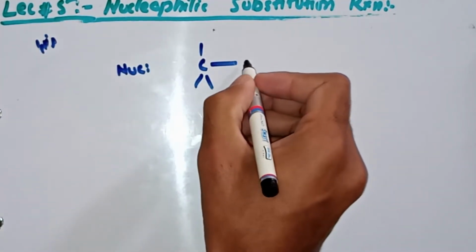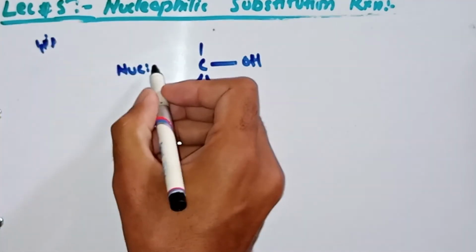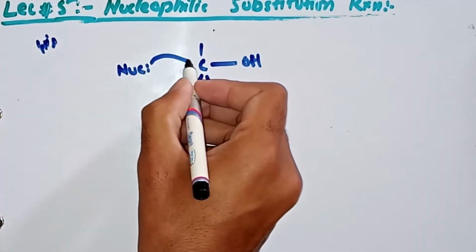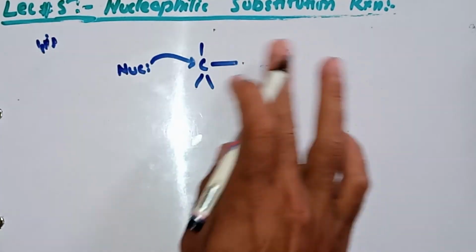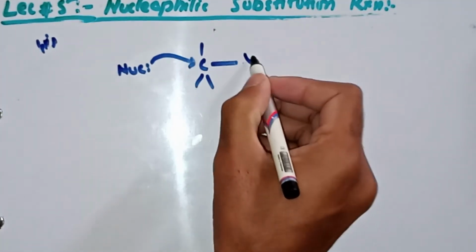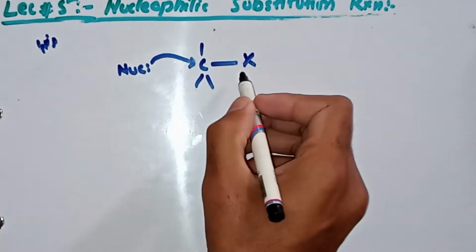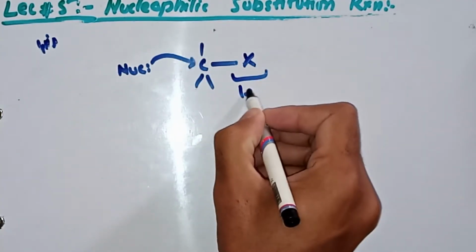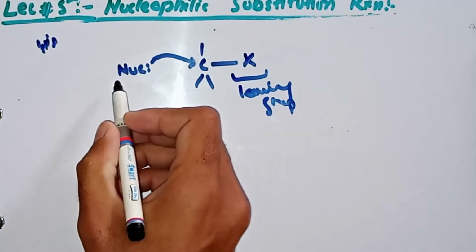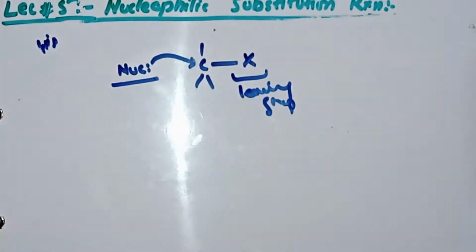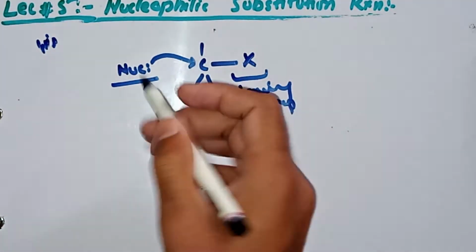Let's suppose an OH group is attached. If this nucleophile attacks this carbon, and let's suppose there is an electron withdrawing group, or any leaving group, attached here. Why does the nucleophile attack this carbon and not another atom?